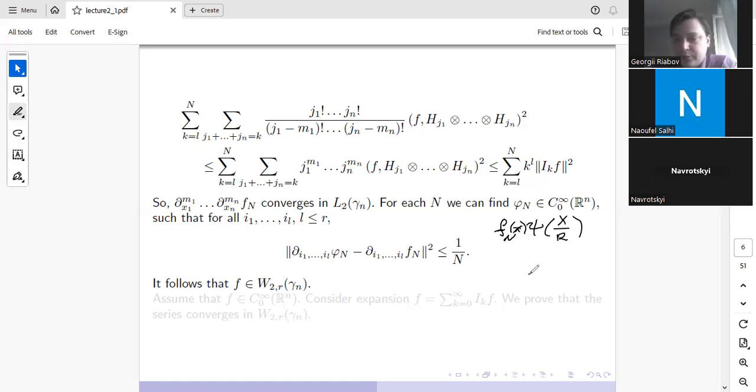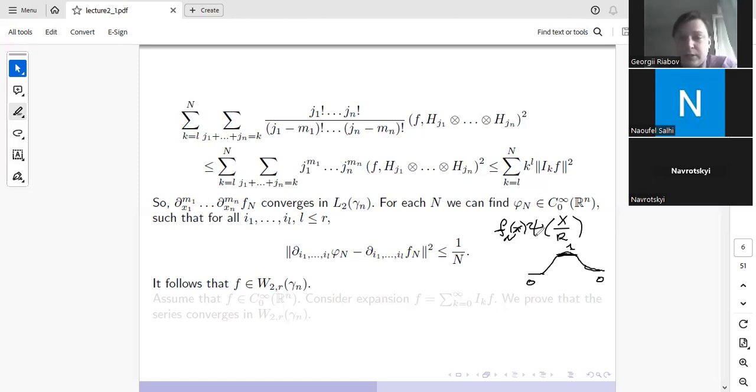Psi has to be taken in such a form, equal to 1 near zero. And also all the derivatives of this function converge to the corresponding derivatives of Fn.